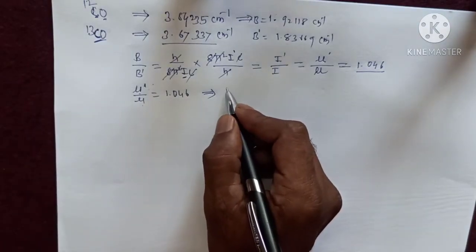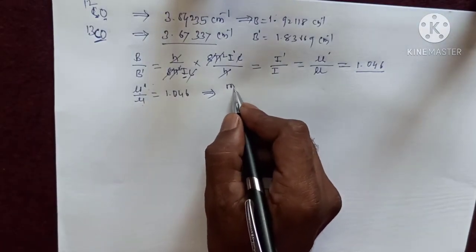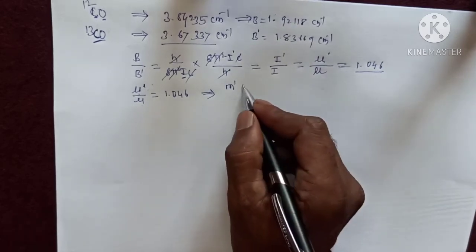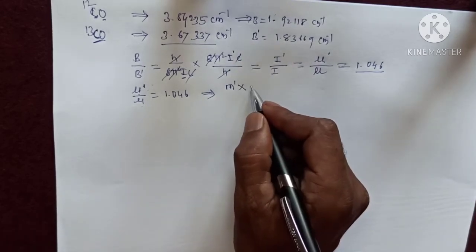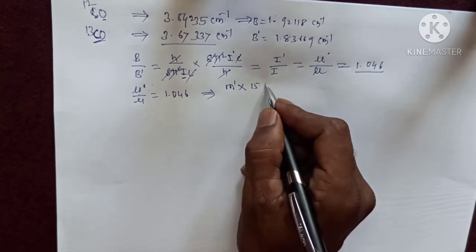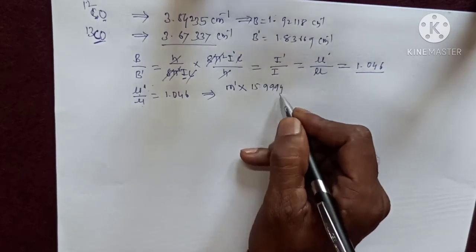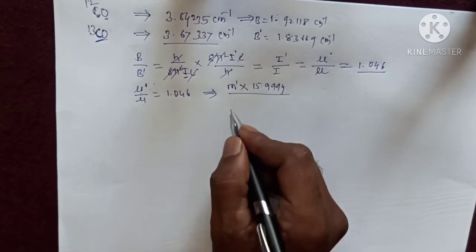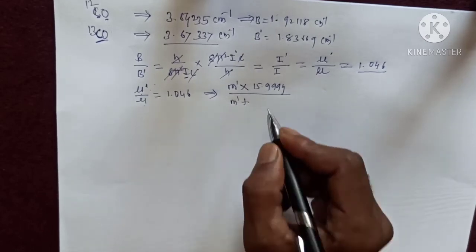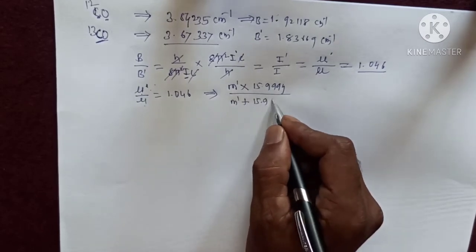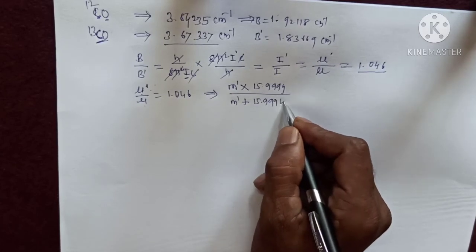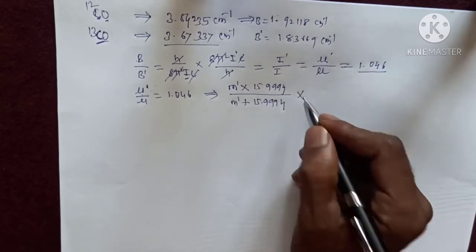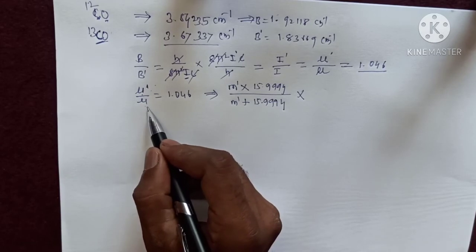So let us consider that the mass of that carbon is m dash. We know the mass of oxygen is 15.9994, so mu dash is m dash times 15.9994 divided by m dash plus 15.9994.